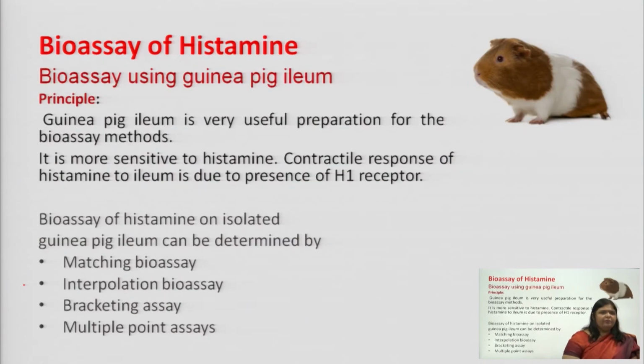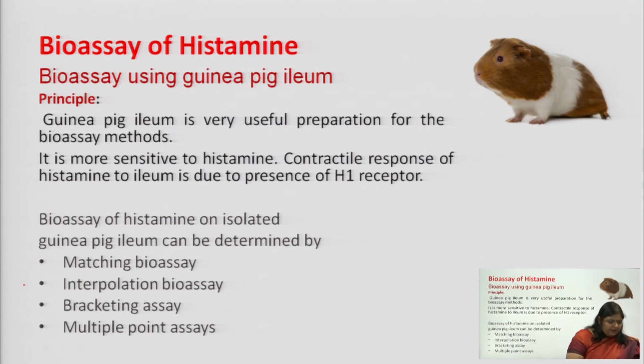Now to carry out bioassay of histamine using guinea pig ileum, we will first talk about this. In our earlier lecture, we had talked about how the guinea pig is very sensitive to histamine and to allergic reactions.